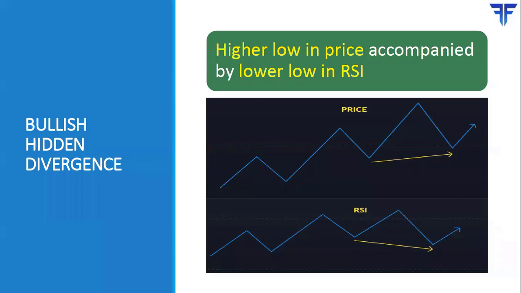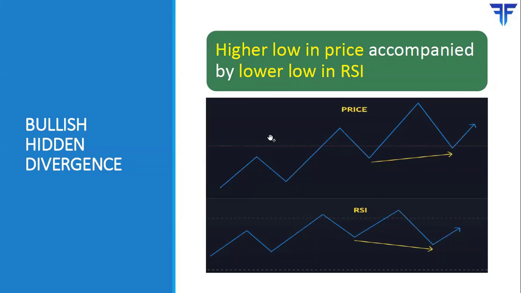Hidden divergences is a concept that was talked about by a person known as Andrew Cardwell, who is one of the most renowned authorities on RSI. Andrew Cardwell has researched a lot on the RSI and has developed some really useful trading strategies from it. Hidden divergences are one of his well-known works on the RSI.